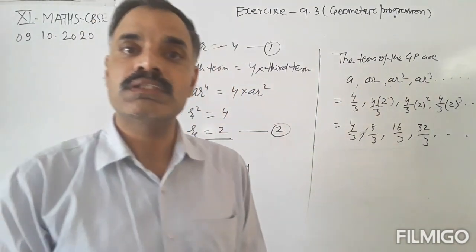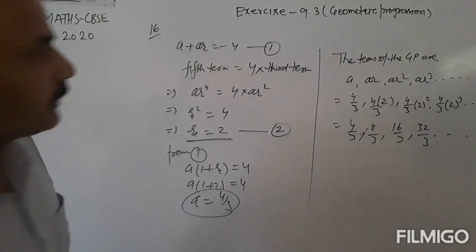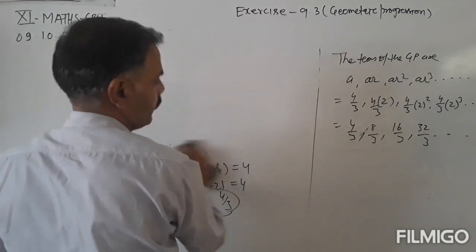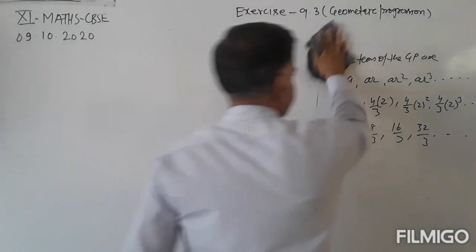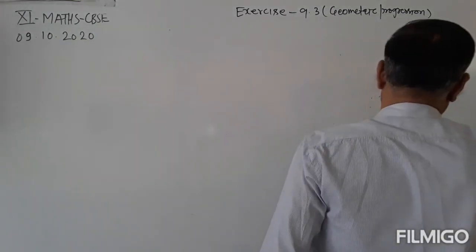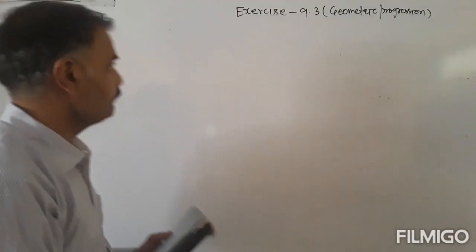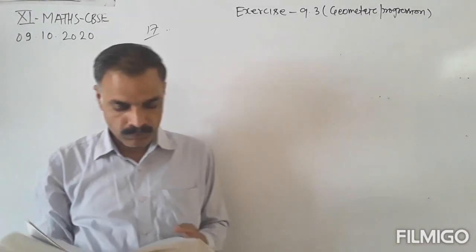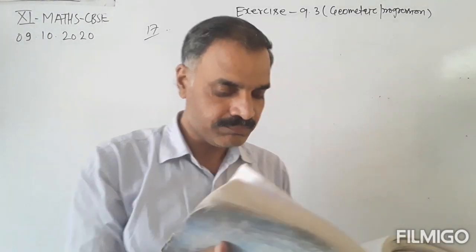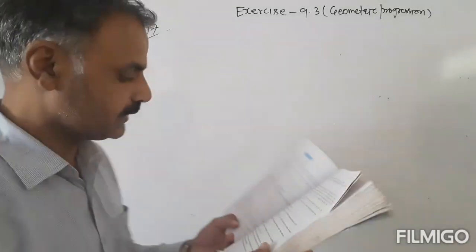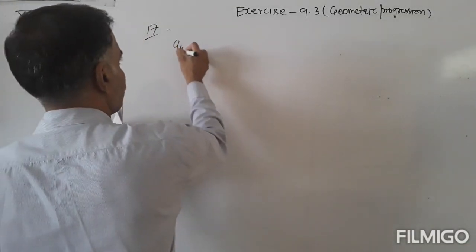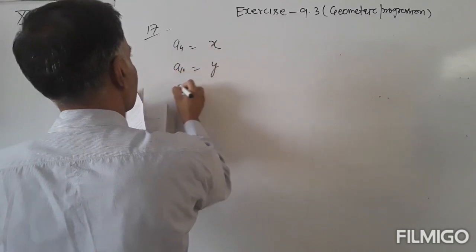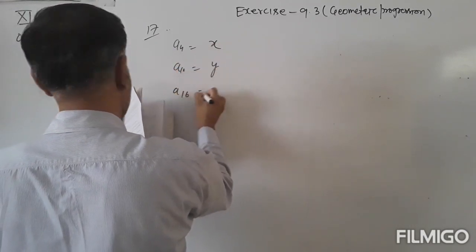Now we are taking question number 17 of exercise 9.3. If the 4th term, 10th term and 16th term of a GP are x, y and z, then we have to prove that x, y, z are in GP. A4 is given as x, A10 is given as y, and A16 is given as z.